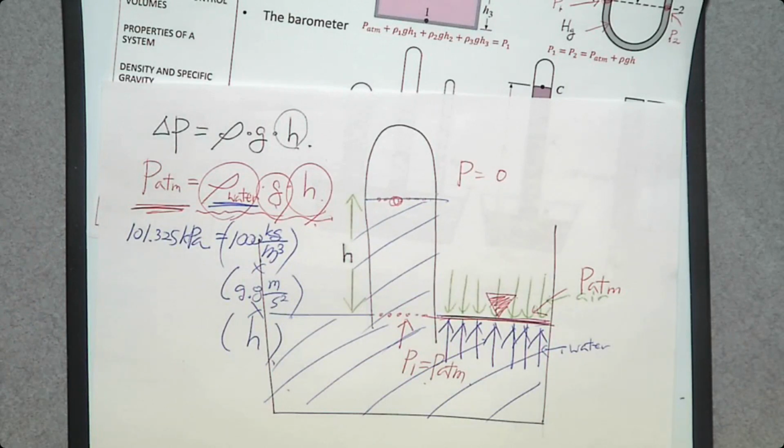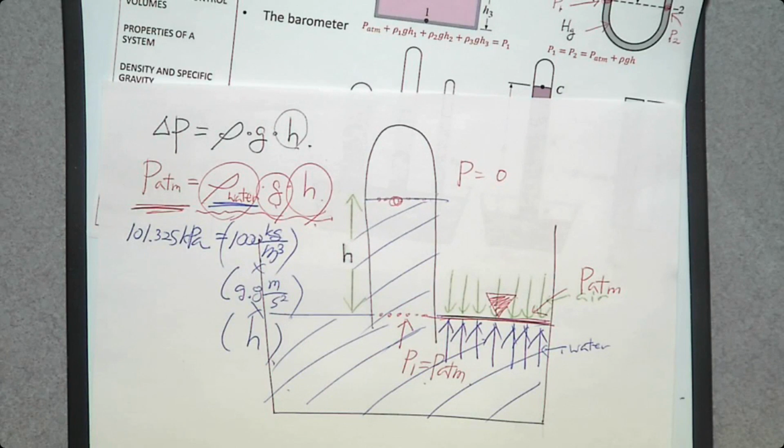I'm going to calculate that. 101.325, but be careful, there's a kilo. Remember we did dimensional homogeneity. If you multiply kilogram per cubic meter, meter per second squared, and meter, it becomes Pascal, not kilopascal.